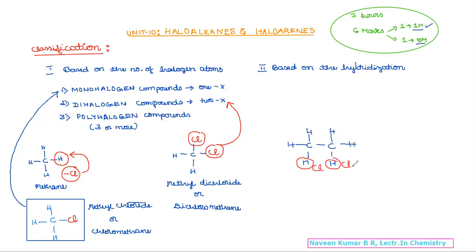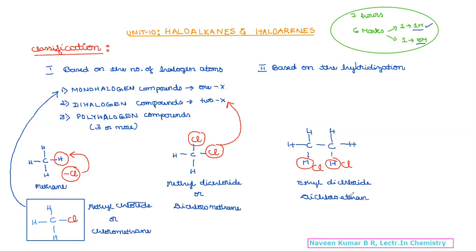We can call the compound with the replaced chlorine atoms ethyl dichloride, or dichloroethane.